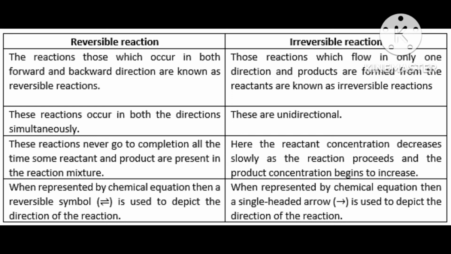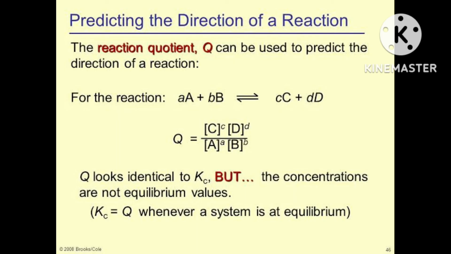Put the partial pressure of NO2 on top and N2O4 below. After solving, you get the Kp value 85.87.